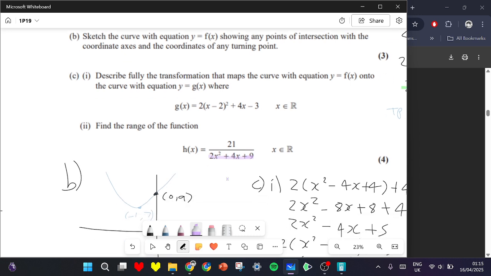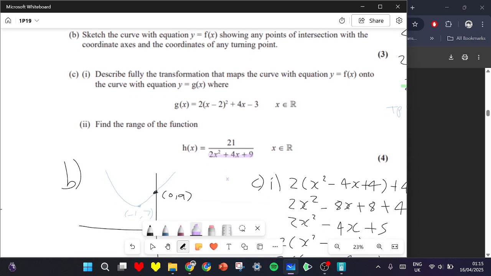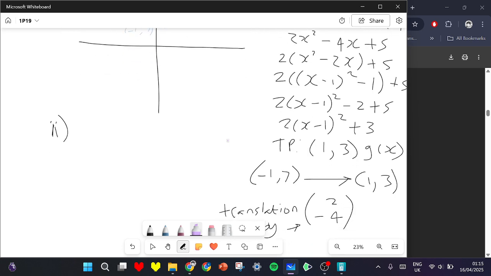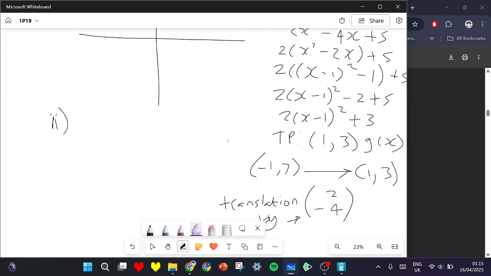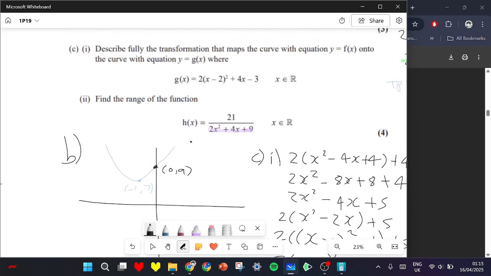And from that, before you start doing anything with this, you can already figure out one of the range thingies. It's going to be that it can't be 0, right? I don't know what the range is yet, but it's either going to be h of x is more than 0 or h of x is less than 0, depending on what the other one is.